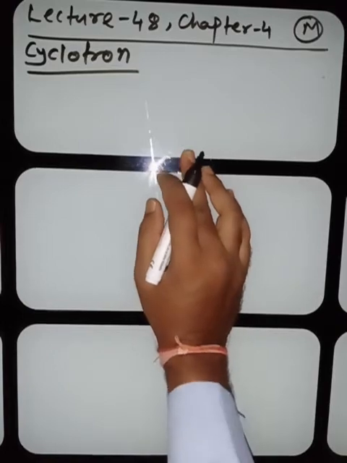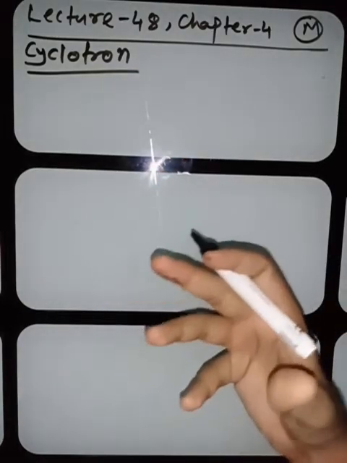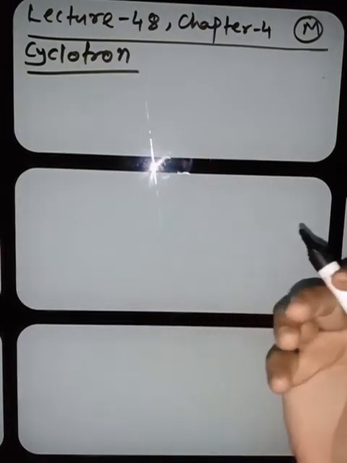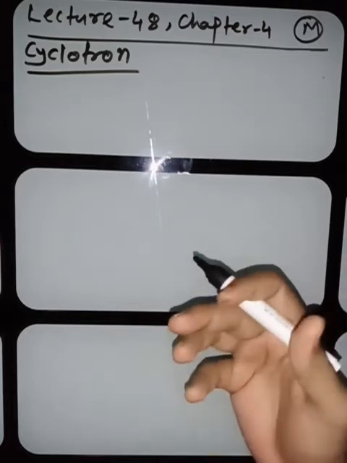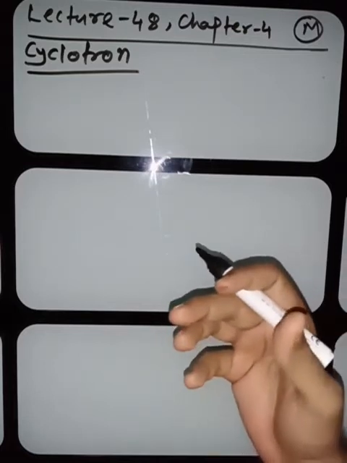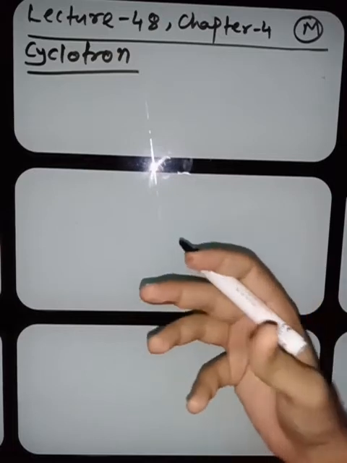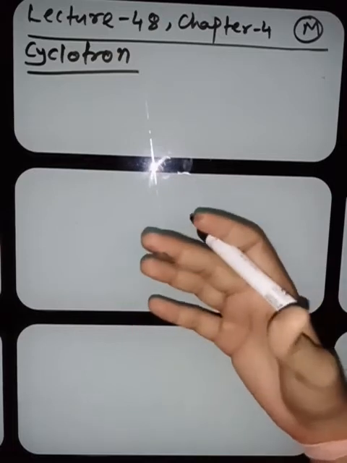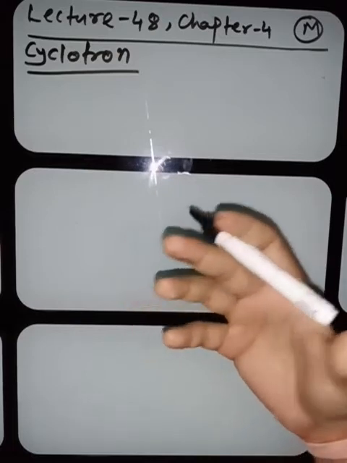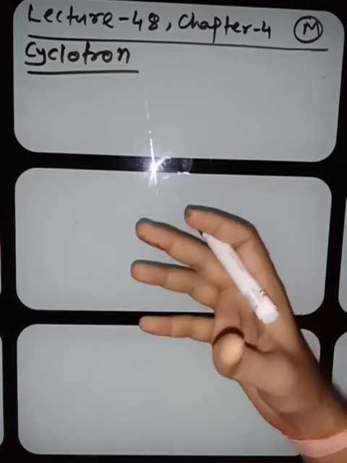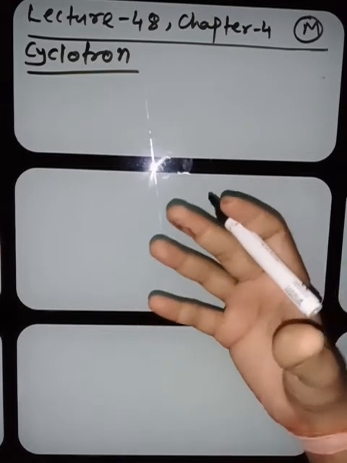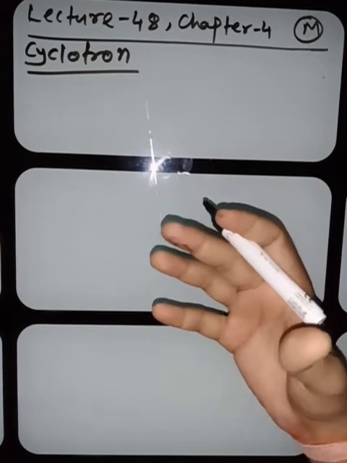First, try to understand what is cyclotron. Cyclotron is a device which is used to accelerate heavy positive charged particles up to high energy.